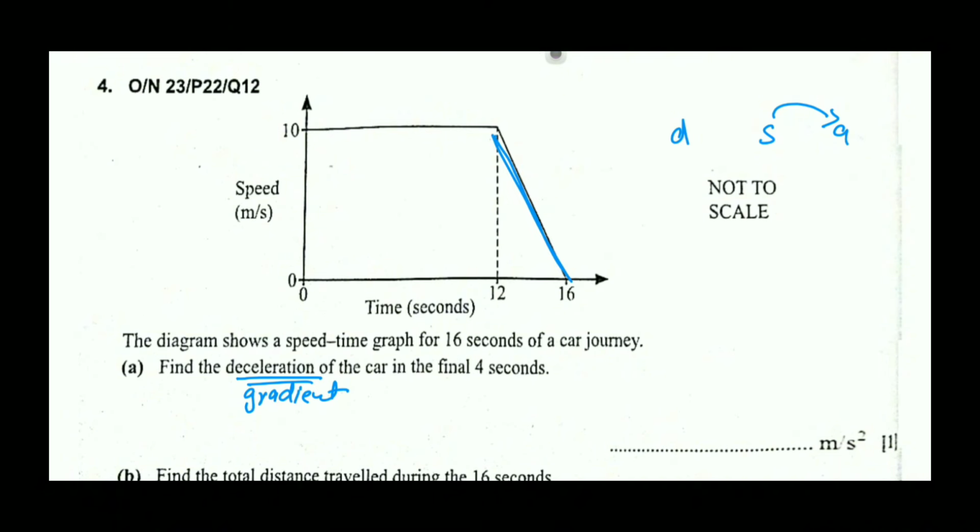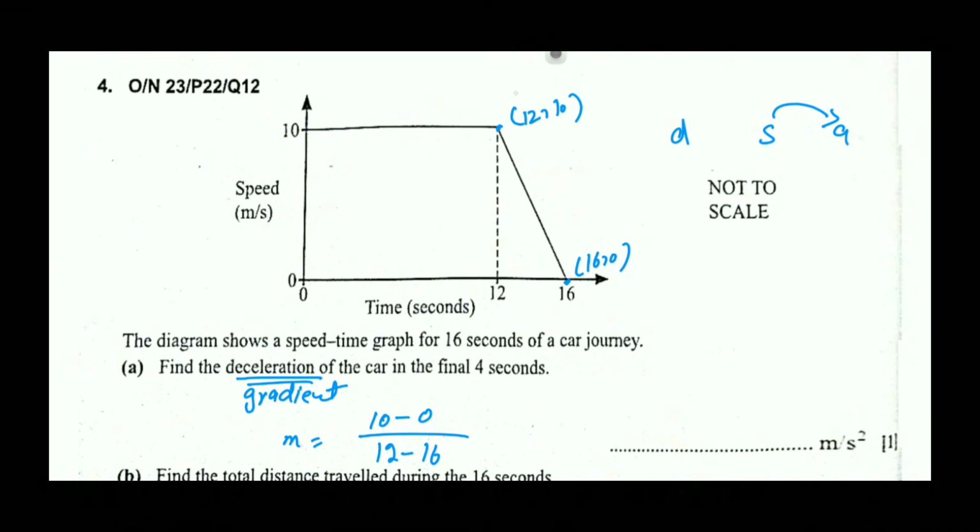So this is deceleration. Again you have to find the coordinates. The coordinates of this point are 12 and 10, and this point is 16 and 0. So m is equal to y2 minus y1 over x2 minus x1.